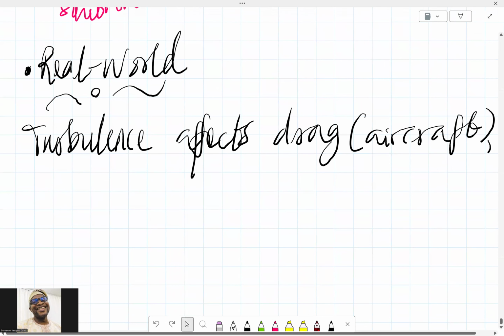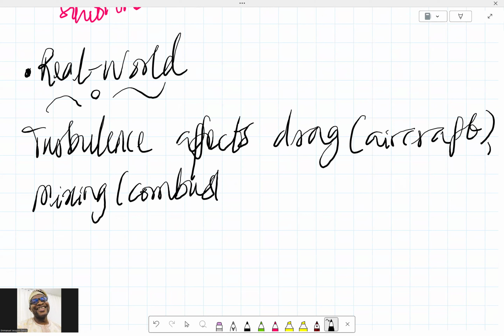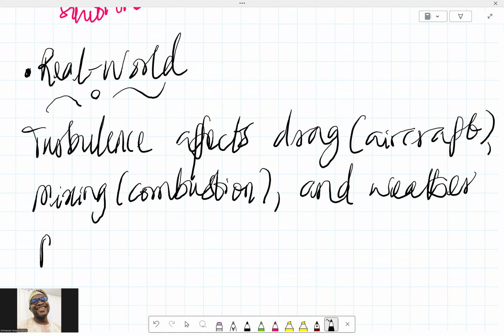Then it also affects mixing, as you see in combustion, and even weather prediction. Weather prediction can be quite chaotic.